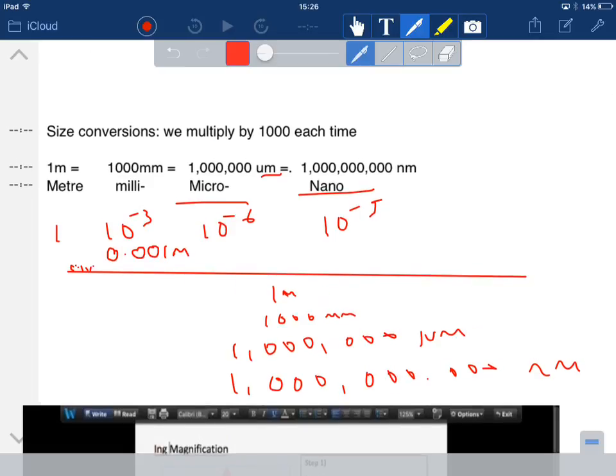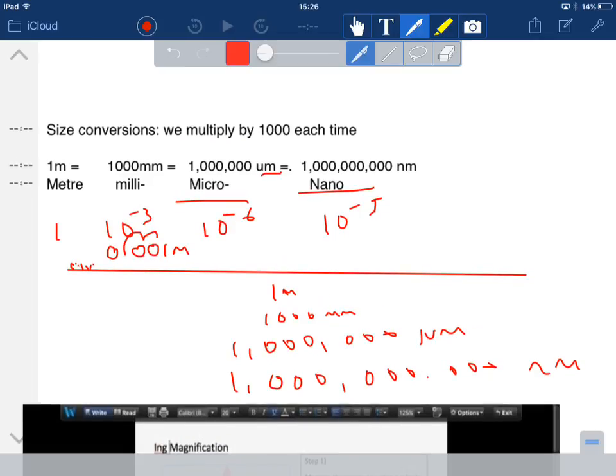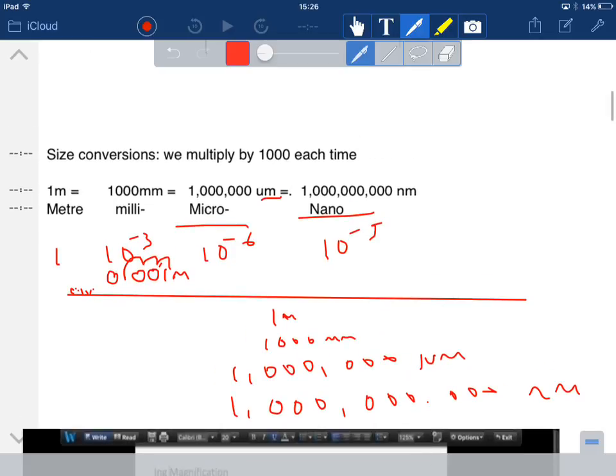That's 1, 2, 3 places to get to 1 meter. So we can say 0.001 meters is 10 to the minus 3 meters, and 0.000001 meters would be 10 to the minus 6 meters.